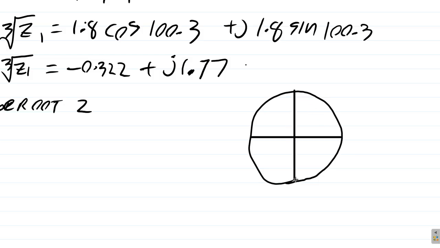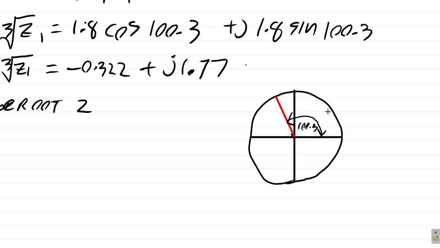This first cube root is here. Negative 0.3, not much, 1.77. Now, you see the 100.3 is this angle here.